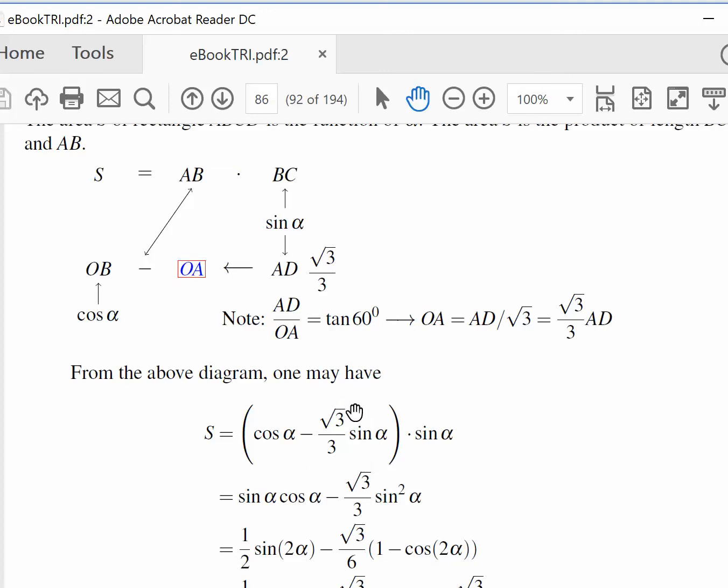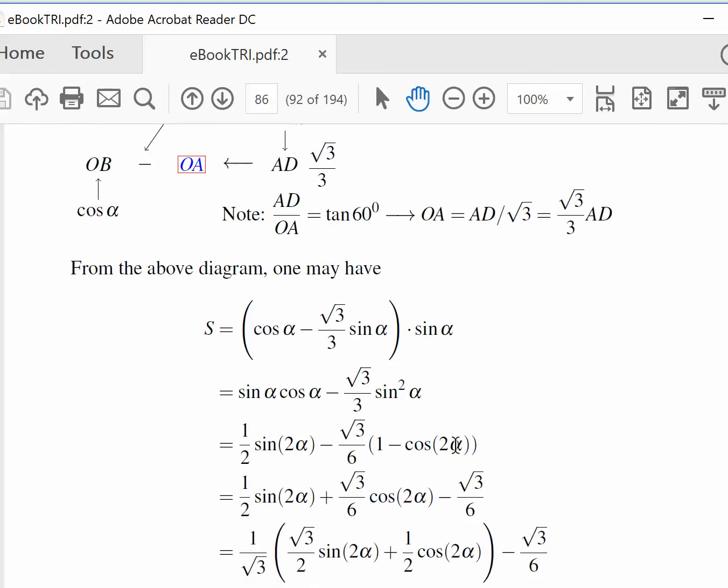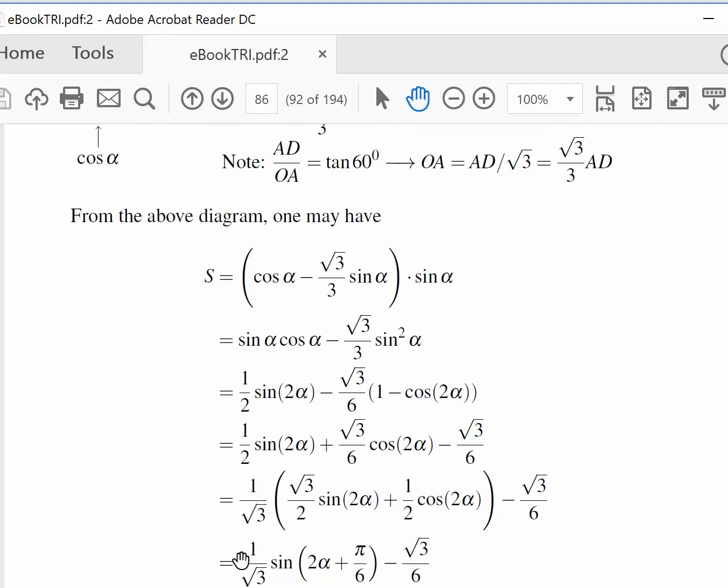This part is OA, so minus OA times sine alpha. Sine alpha is BC. Okay. Now from here, you do some algebra, you eventually will get 1 over radical 3 times sine of 2 alpha plus pi over 6, minus radical 3 over 6.